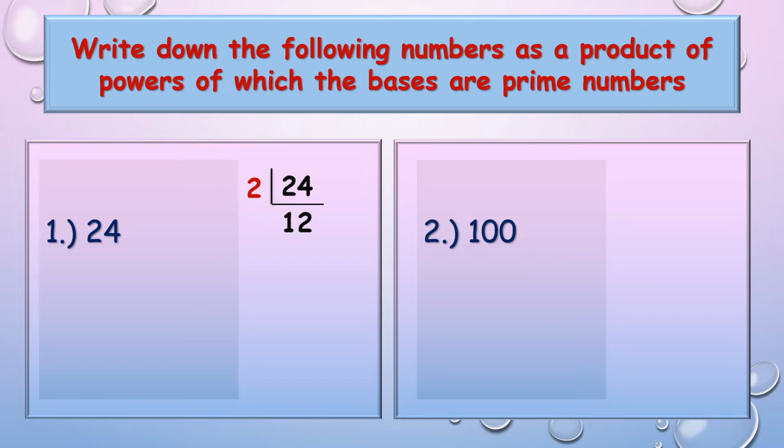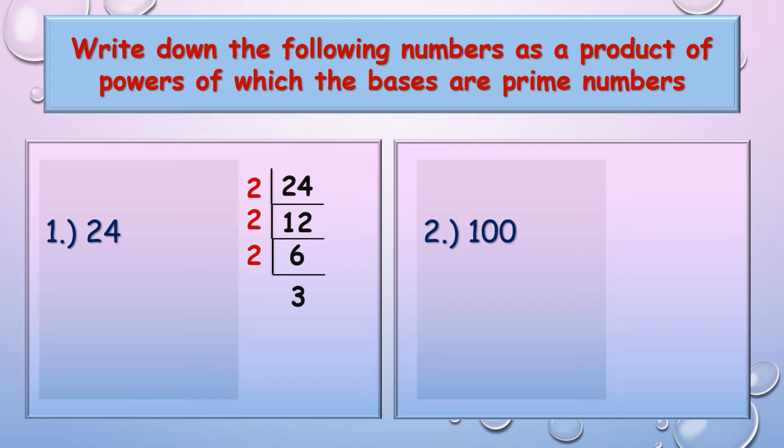Then again you have to divide 12 by a prime number. Let's try the smallest prime number again. 12 is also divisible by 2. The answer is 6. And again 6 is divisible by 2. The answer is 3.